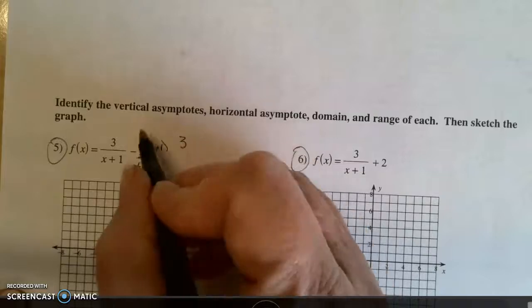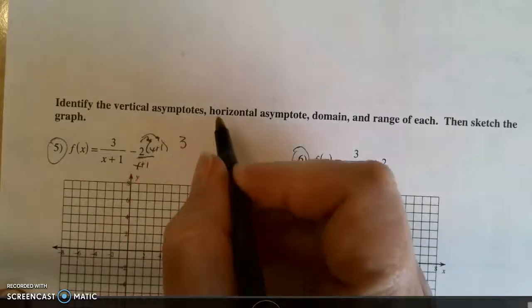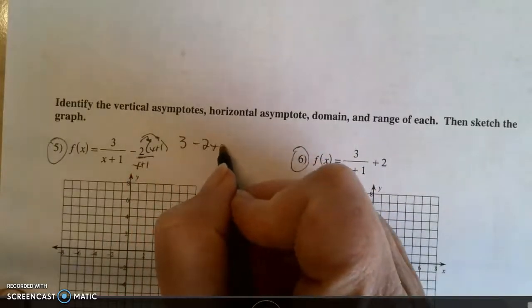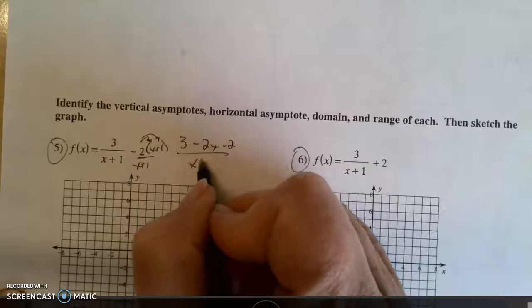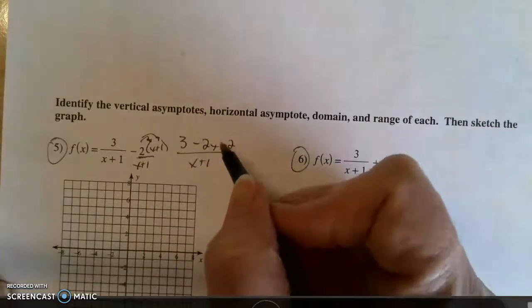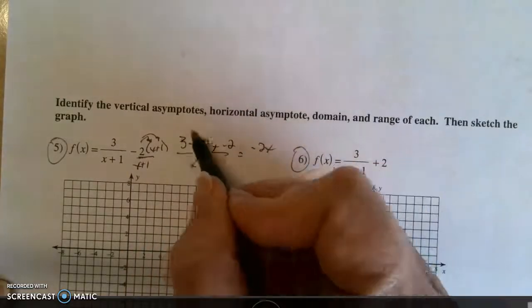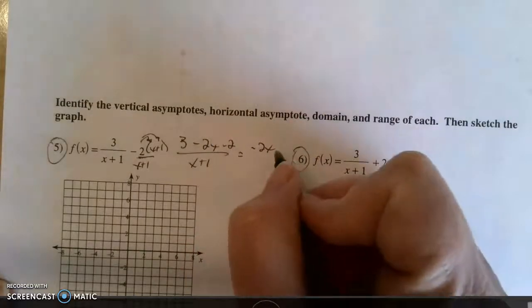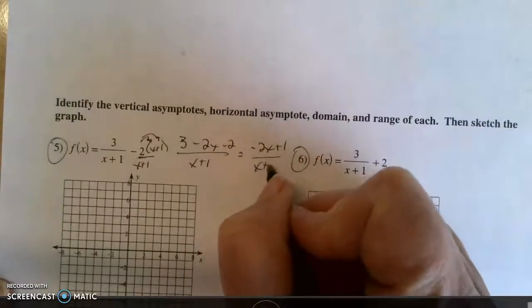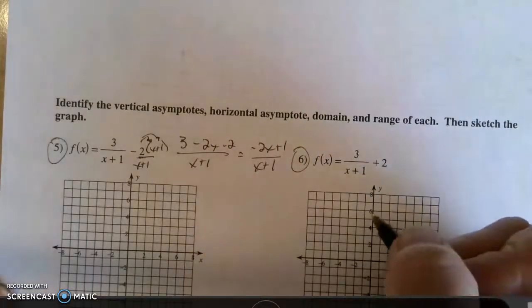So I've got 3. I'm going to distribute that negative 2 inside. Combining my like terms, so I've got negative 2x, 3 minus 2 is 1. Okay, so there is my rational function.